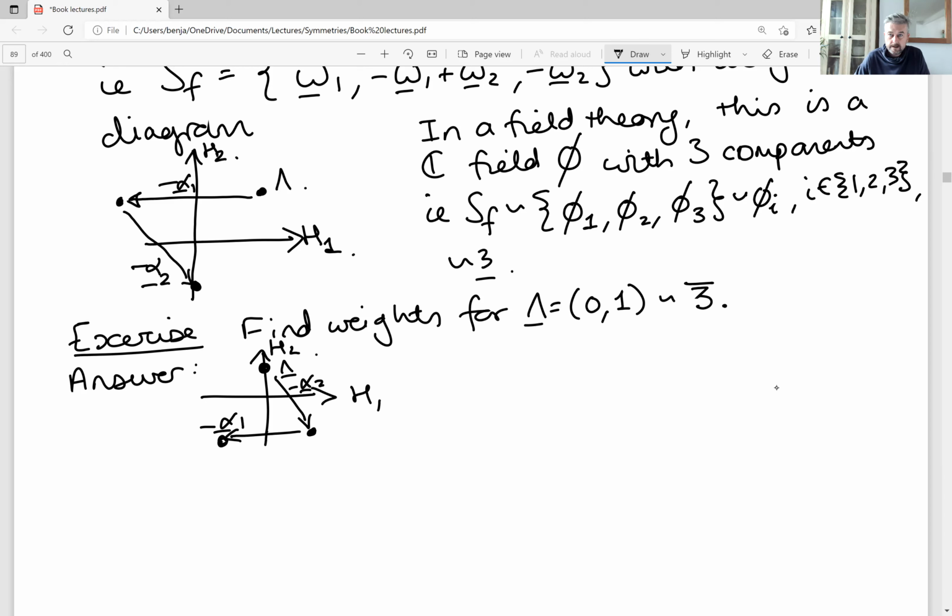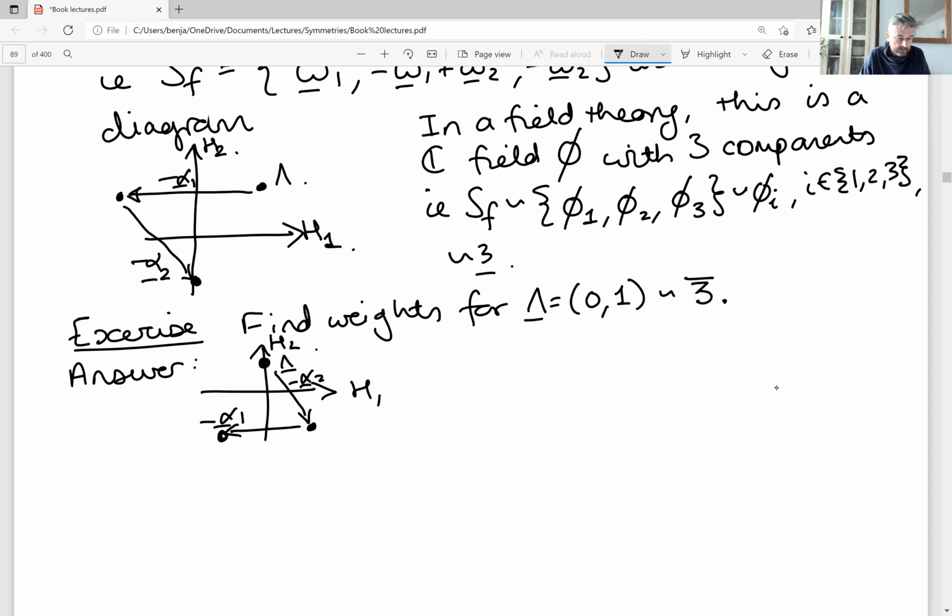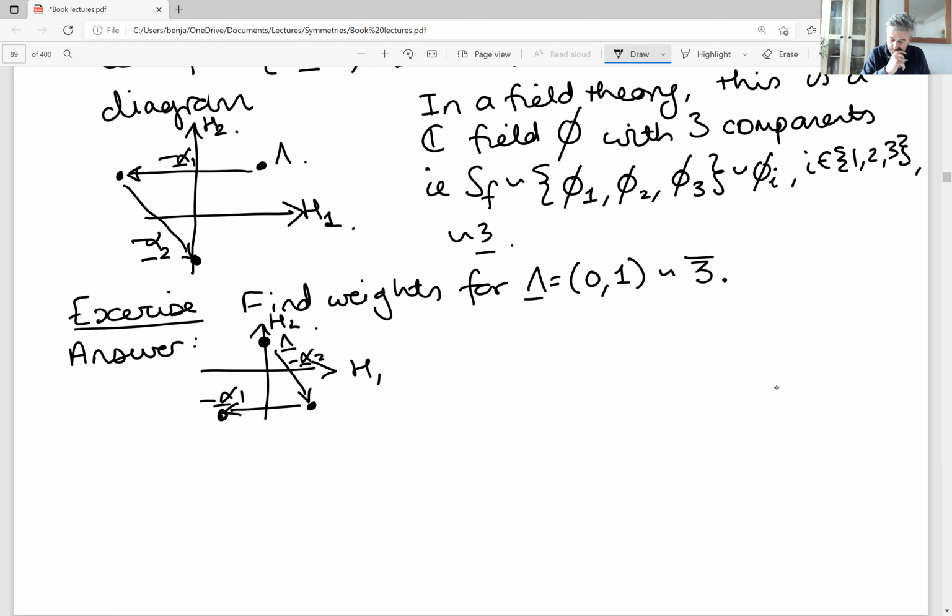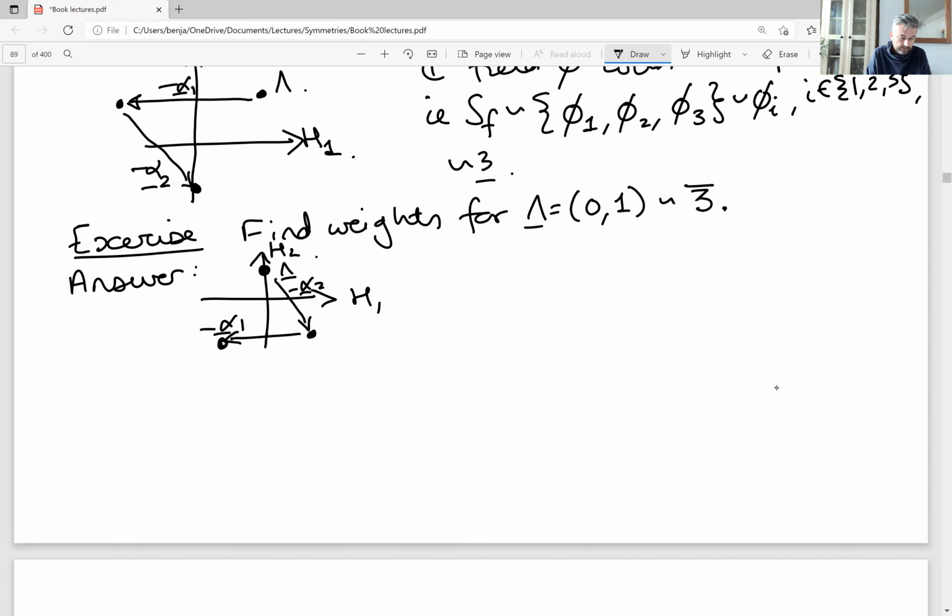So actually, this is a more general property. There are several things that we can say about this. Again, we're going to pull a result out of the hat and not prove it.